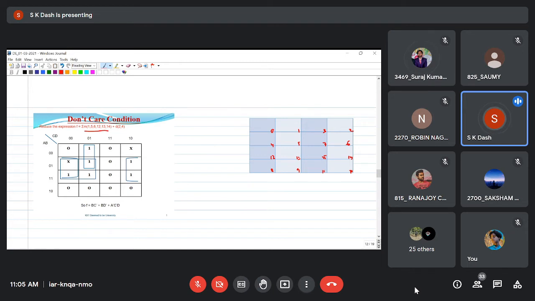Next, don't cares are mentioned, 2 and 4, so in those places I need to put a cross. So 2 is this, 4 is this. First of all, is this point clear? How to put the ones and those crosses?